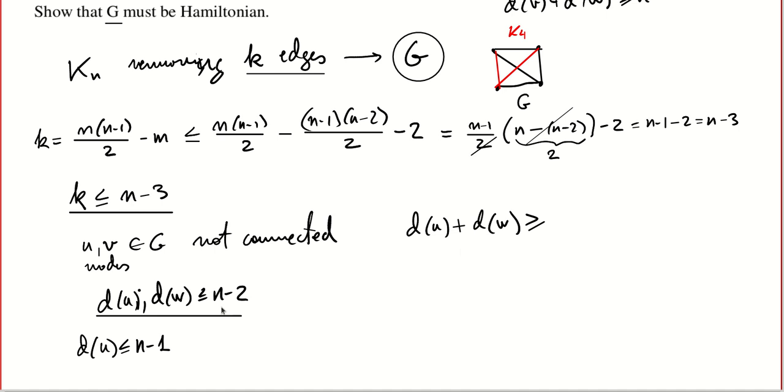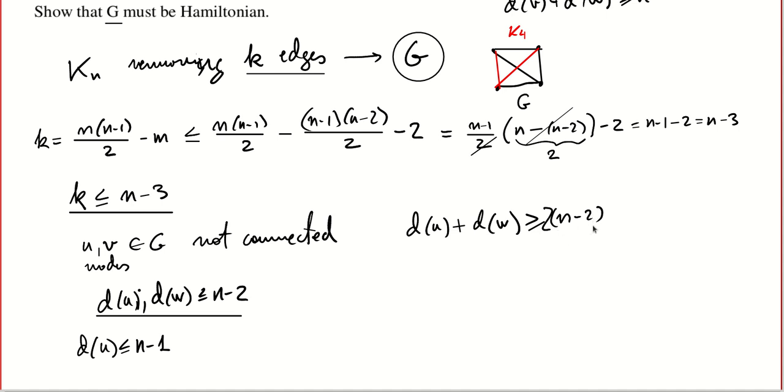First of all, we remove the first edge, and the first edge removed is the one that connects U and W. So after removing this link, the degree of these two nodes is n minus 2 each. So the sum of these two degrees is, to begin with, 2n minus 2.